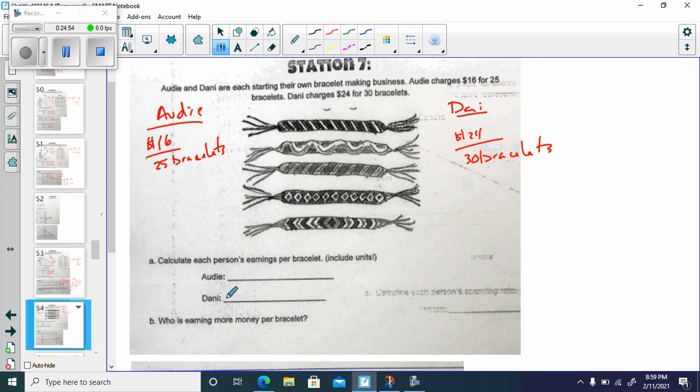Calculate each person's earnings per bracelet, okay? So 16 divided by 25 would give us 64 cents per bracelet for Audie. How about for Danny? 24 divided by 30. That gives me 80 cents per bracelet for Danny.